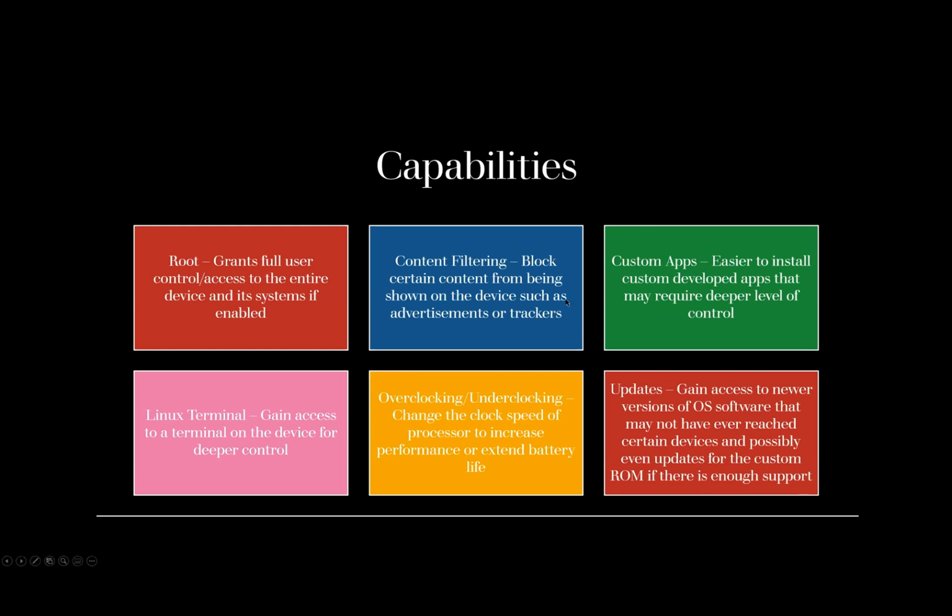You can filter content, say ads or something like that, block trackers or some such that you don't want on your phone. You can have your own custom apps that may need a little deeper level of control so that they can actually function properly.